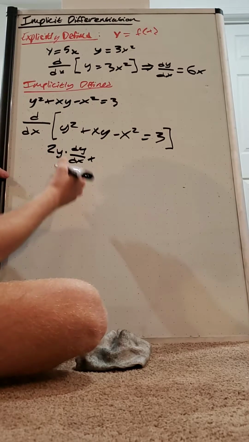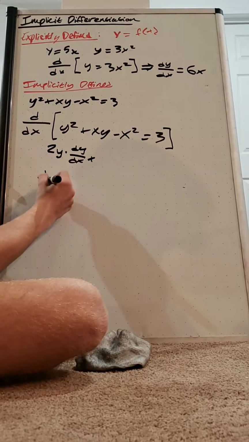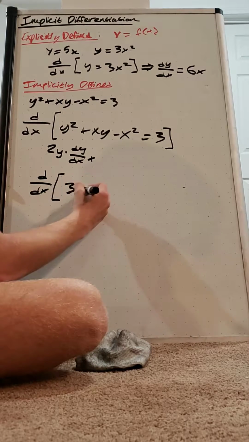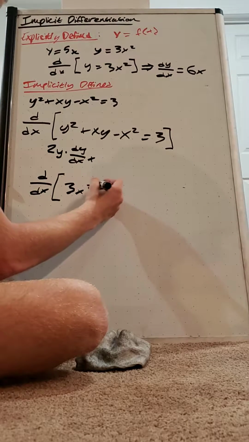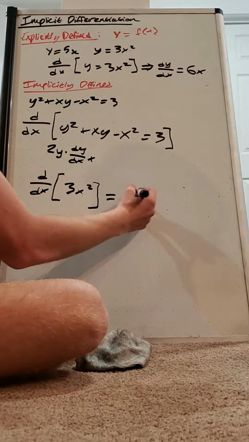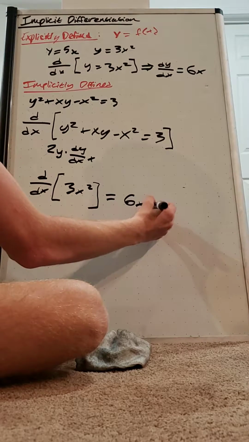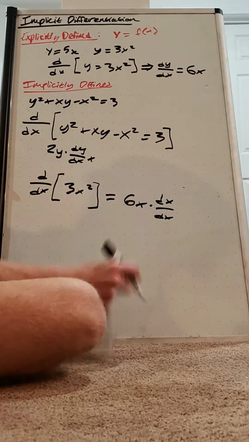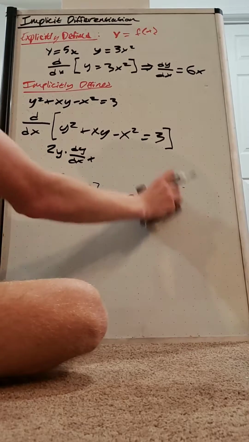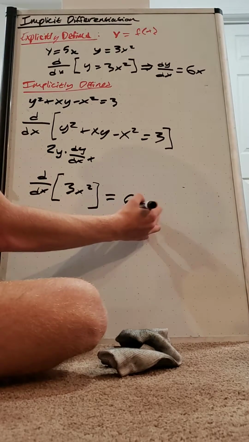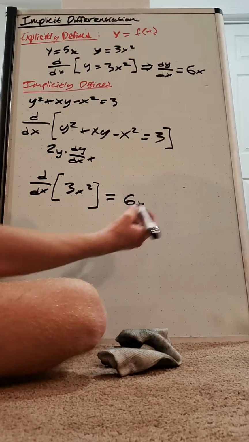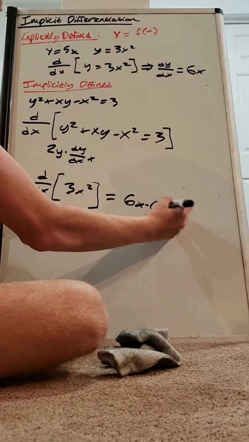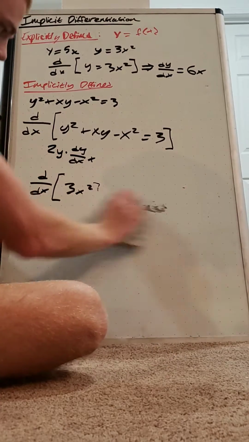And the reason we don't do that with x, like if we have d over dx of 3x squared, is because it's dx over dx, which is just 1. Since we're differentiating with respect to x, technically we are multiplying by the derivative of x by the chain rule, but we're multiplying by 1, so we don't write that.